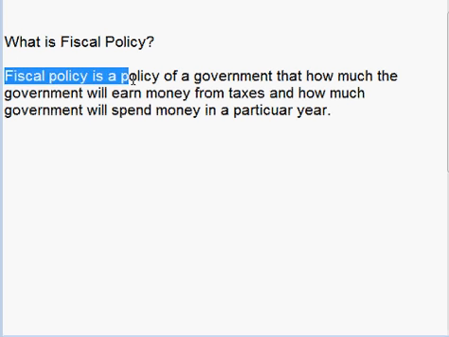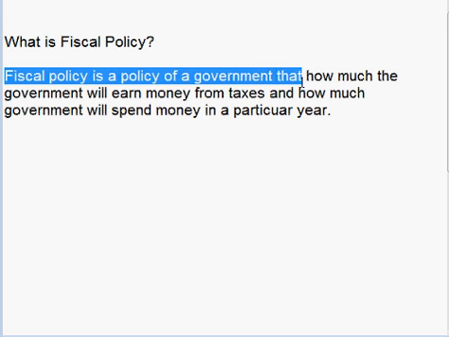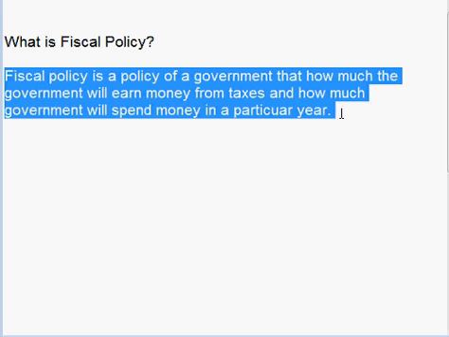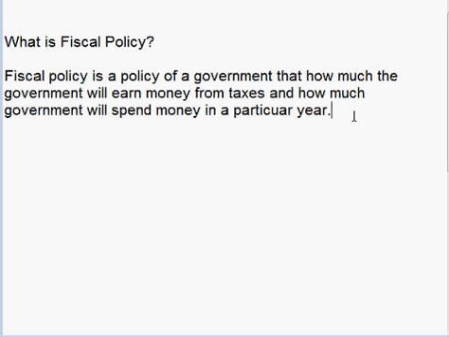Fiscal policy is a policy of the government that says how much the government will earn from taxes and how much the government will spend in a particular year. Okay, suppose I choose the year 2013.